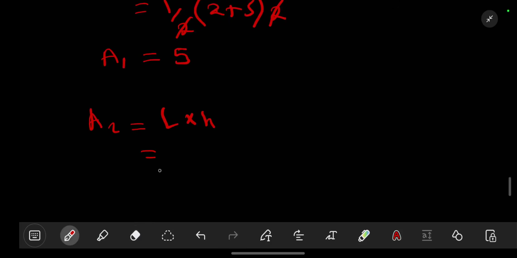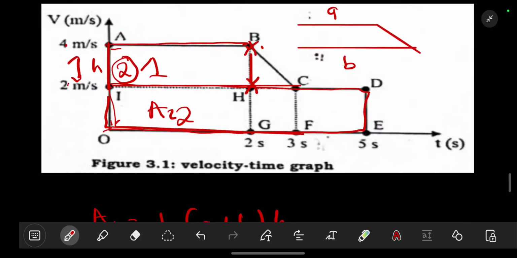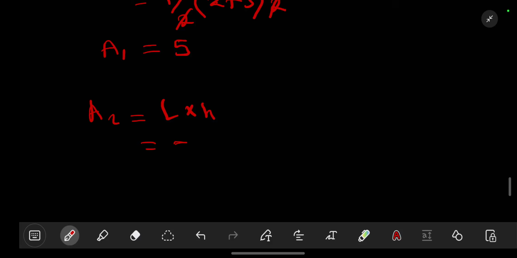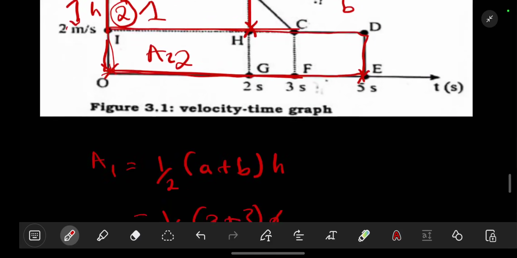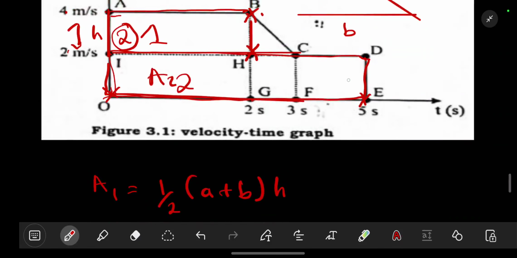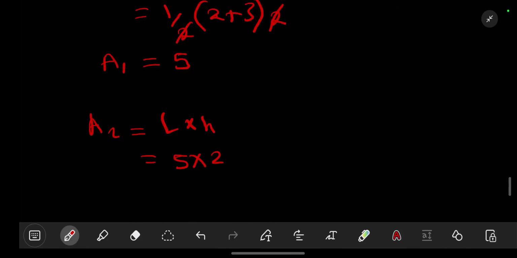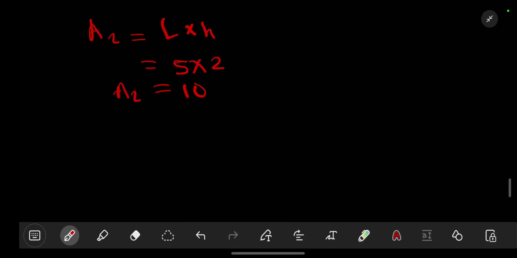Our L is, from here up to the last value, 5. So we are going to say 5 times our H, which is from here up to here, it is going to be 2. So we have 10 like that. So this is our area number 2.